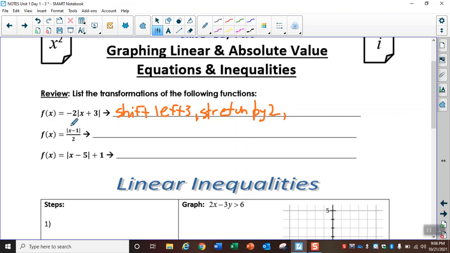And then the negative in front is going to reflect it. Right, so a reflection across, and it goes from here down to here, so it reflects across the x-axis if it's in front.